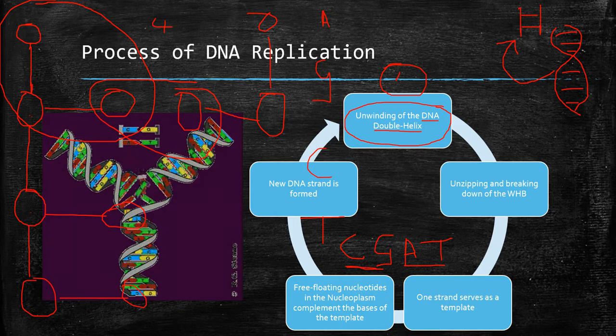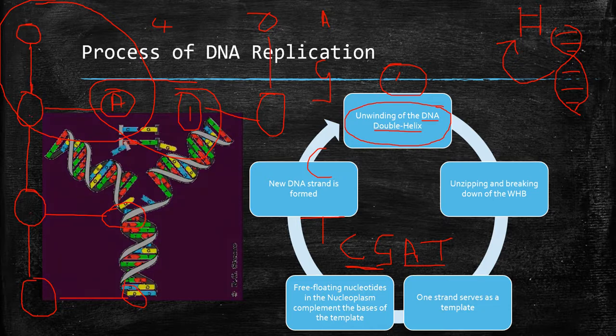C with G would be cytosine with guanine, and A with T would be adenine with thymine. So if you had adenine here, you would have to have thymine on the other side. If you had thymine there, you would have to have adenine on the other side.